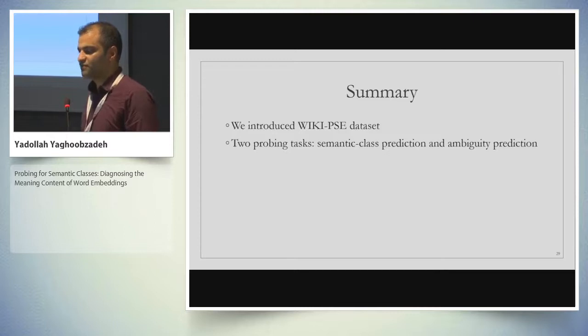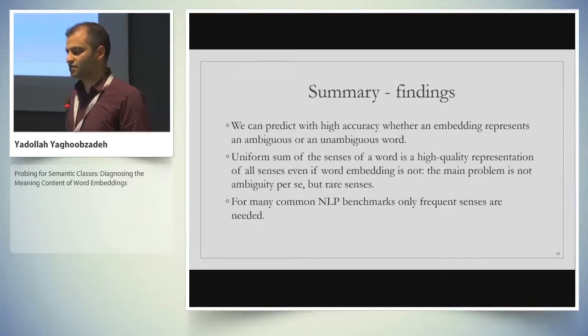So in summary, we introduced the Wiki PSC dataset. We had 2 probing tasks, semantic class prediction and ambiguity prediction. Our finding is that we can predict with very high accuracy if an embedding represents an ambiguous or unambiguous word. The uniform sum of the meanings, or senses, of a word is a very high quality representation of all the meanings, even if the word embedding is not.